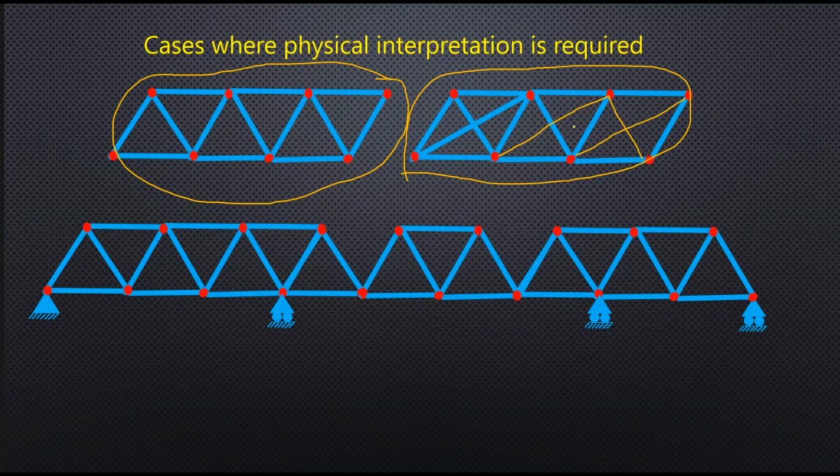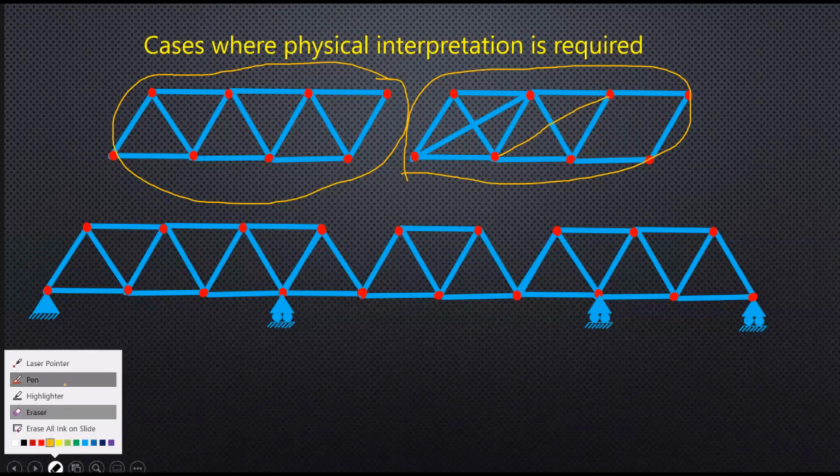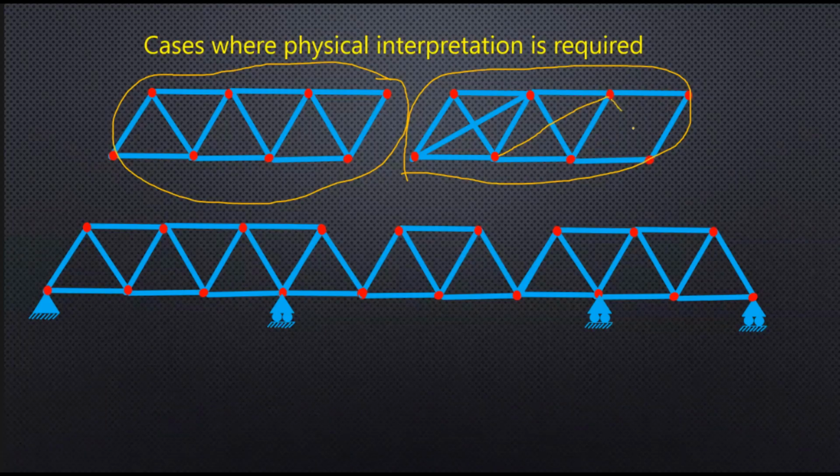Right. What is the use of an indeterminate truss? I showed you just now that without this member, right? I go back again and use my eraser. Now, what happens if one member has failed? If this member has failed, there is no failure of the system, because there is another member to take care of that.